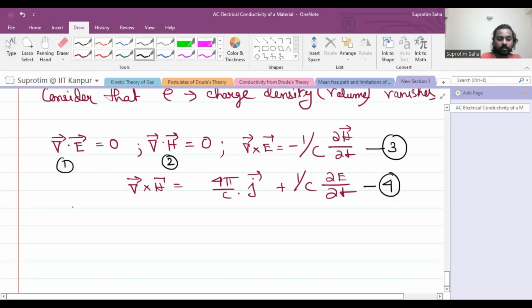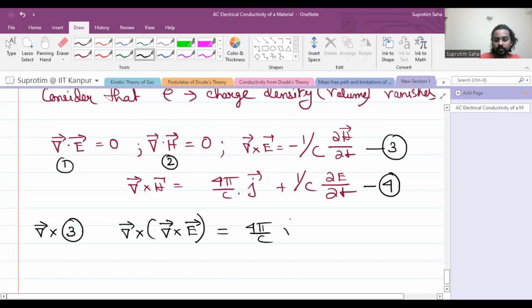So operating a curl on 3, curl of E equals 1 over C curl of J plus 1 by C. You can interchange the spatial and the temporal part. So this is curl.